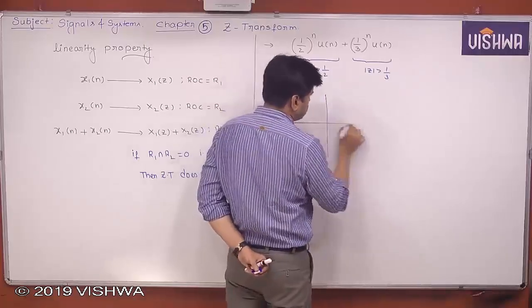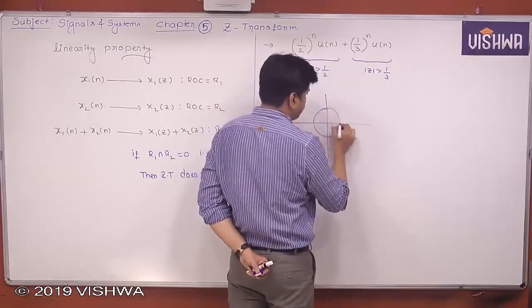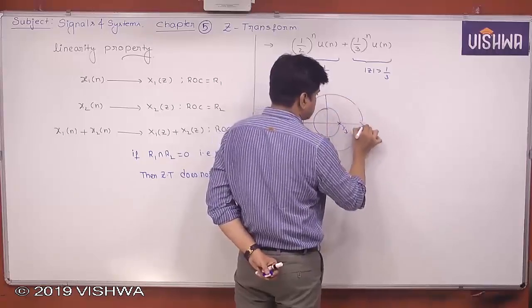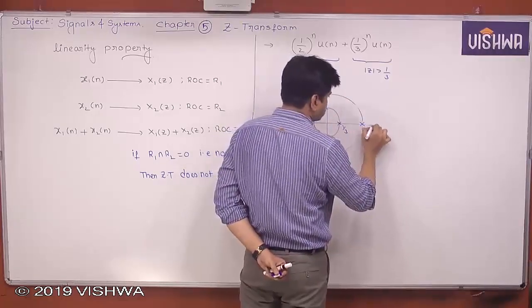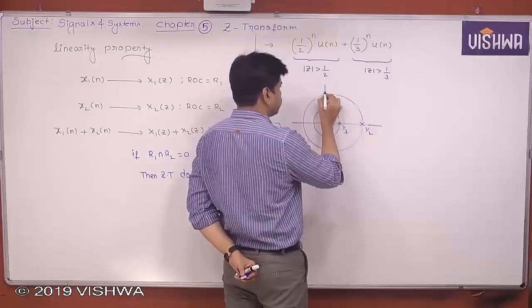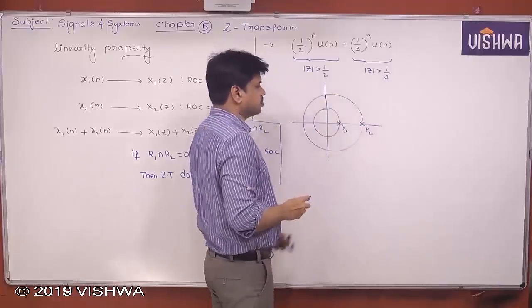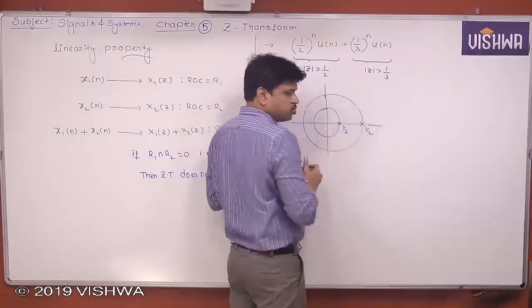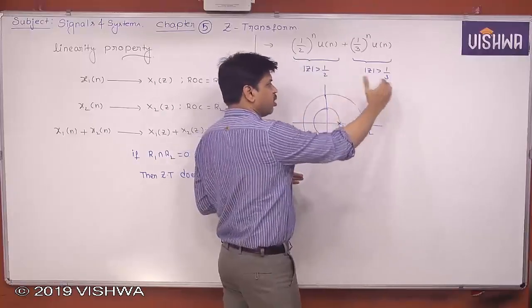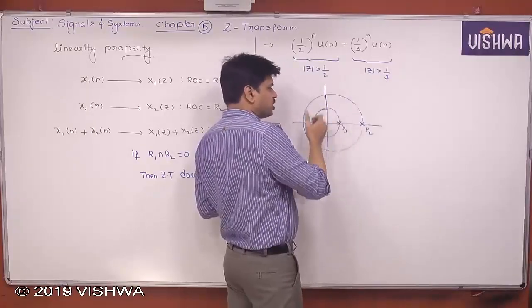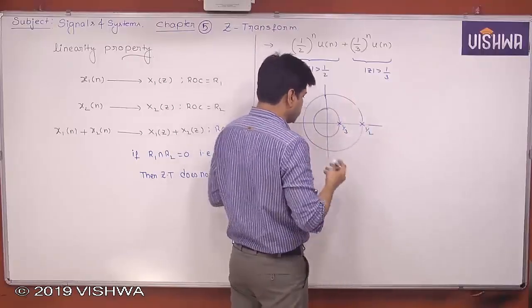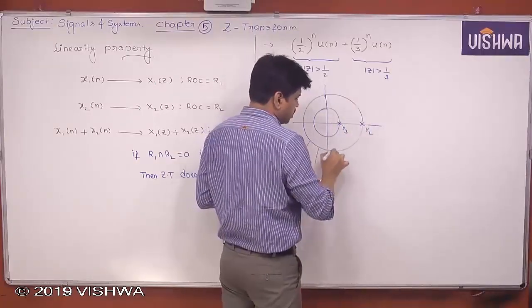So this is a 1 by 3 pole. This is 1 by 2 pole because 1 by 2 is greater than 1 by 3. Now we have to take ROC which is greater than 1 by 2. That means outside this circle, and we have to take ROC which is greater than 1 by 3. That means totally in common ROC is this one.